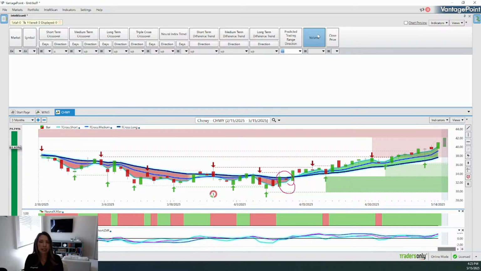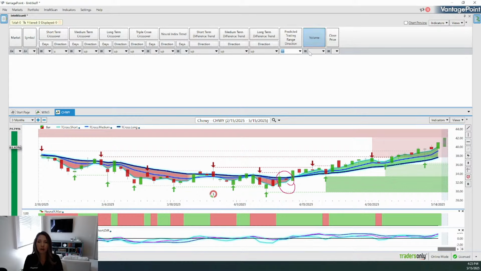Is this asset liquid enough to get in and out? And that's very important, especially in a swing or shorter term style of trade, to make sure that an asset is liquid enough. That essentially means when you're ready to buy, there's somebody ready to sell. And when you're ready to sell, there's somebody there to buy. So you can get in and out of that asset very quickly. It is very liquid, in other words.